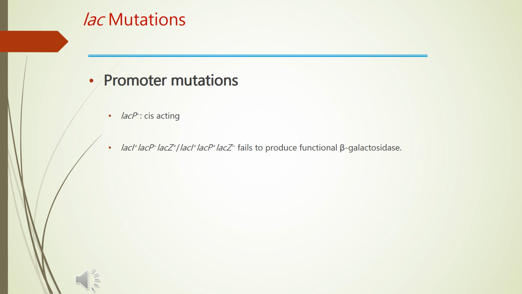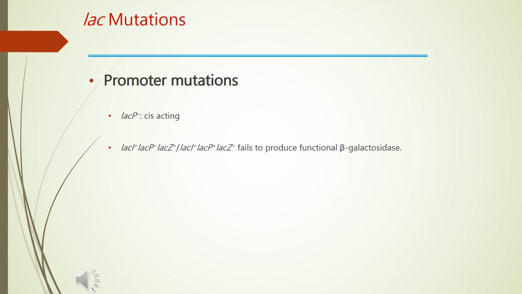So now to the last section of mutation in the lac operon, promoter mutations. It is represented as lac P minus, it's cis-acting. Lac I plus, P minus, Z plus, I plus, P plus, Z minus fails to produce a functional beta galactosidase.